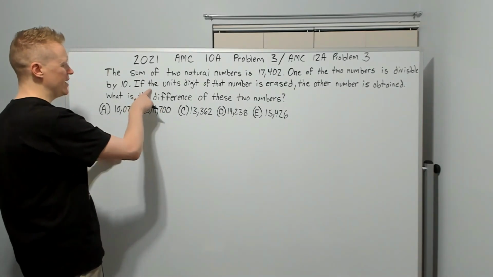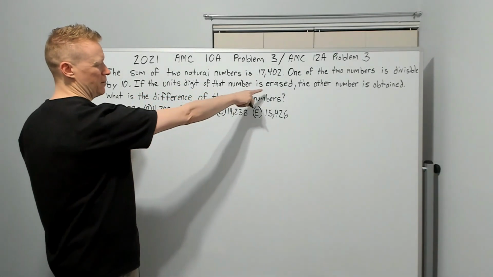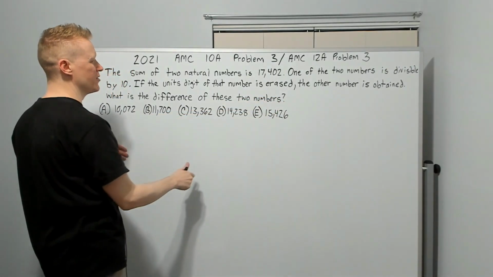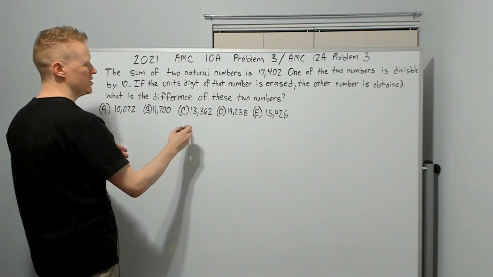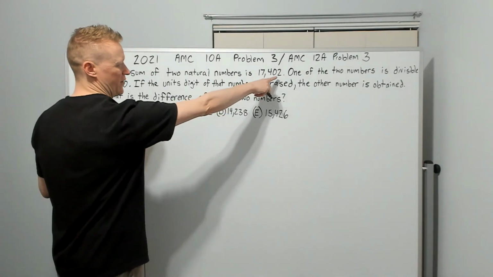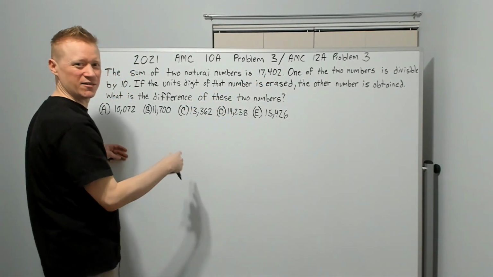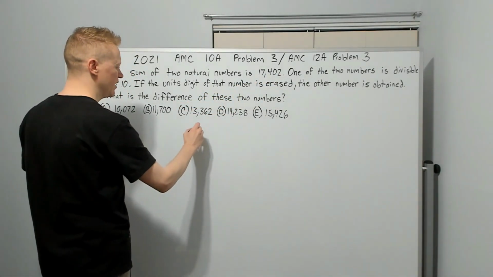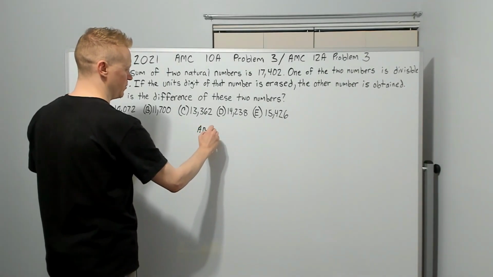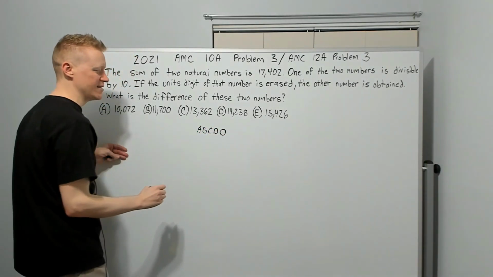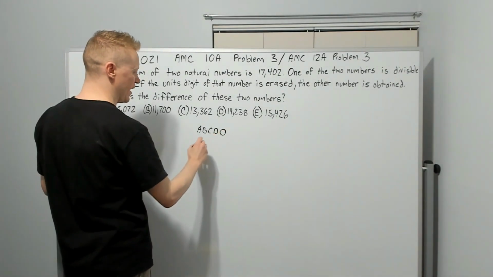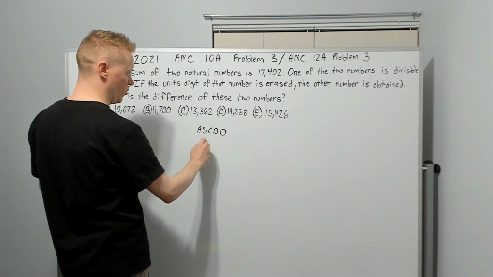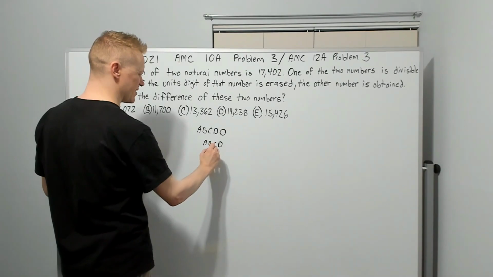We'll see. If the units digit of that number is erased, the other number is obtained. So most likely you're going to have to take something away from a 5-digit number and get a 4-digit number. So the 5-digit number would be A, B, C, D and end in 0. That's not an O. The other number after I take the 0 away would be A, B, C, D.